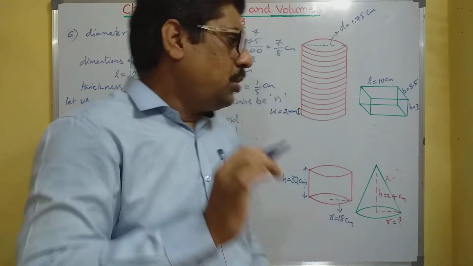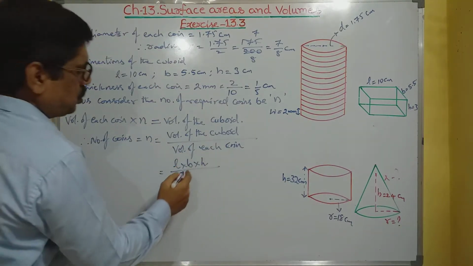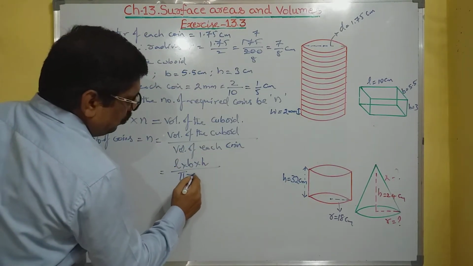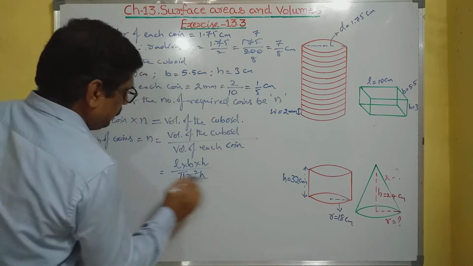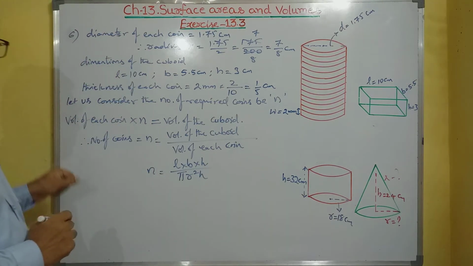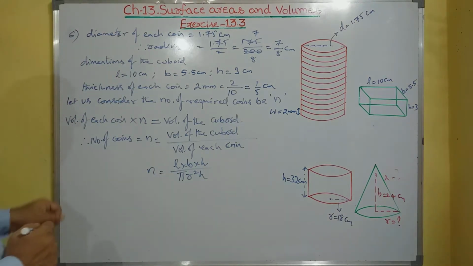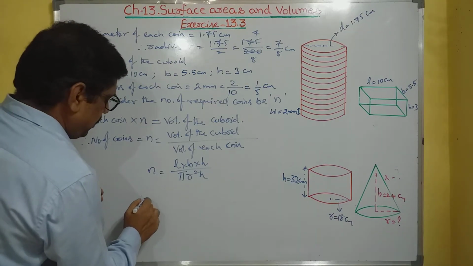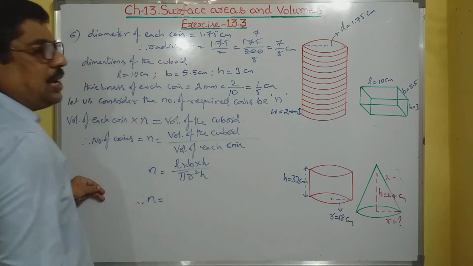Now you look at this. Volume of each coin can be considered as a cylinder, so pi r square h. Therefore, number of coins n is equal to L into B into H divided by pi r square h.